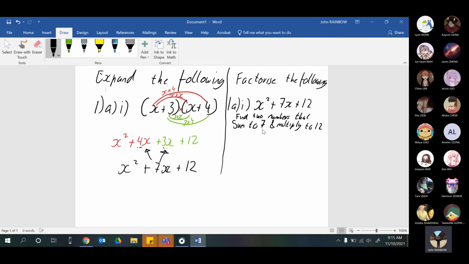Find two numbers that sum to 7 and multiply to 12. Well, it'll be 3 and 4. 3 plus 4 is 7. 3 times 4 is 12. So, therefore, how do you get the x squared? Well, that would be x by x.